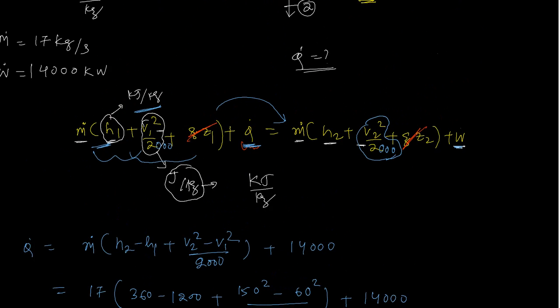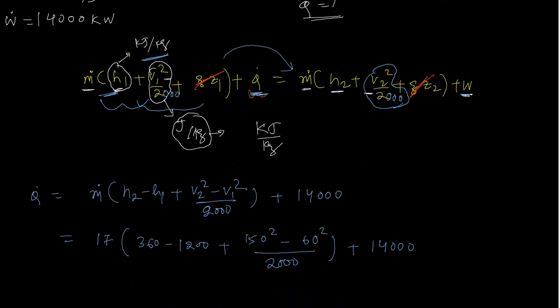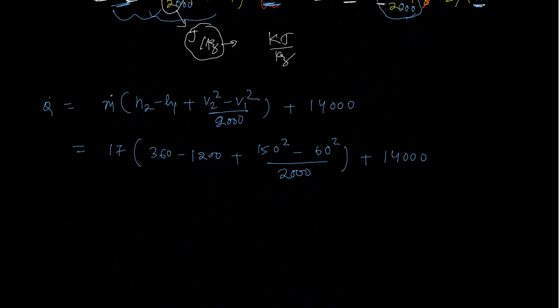Okay, so let me calculate this value. So this is 17 multiplied by this term, that is 360 minus 1200 plus 150 square minus 60 square divided by 2000, and I'll be adding 14000.